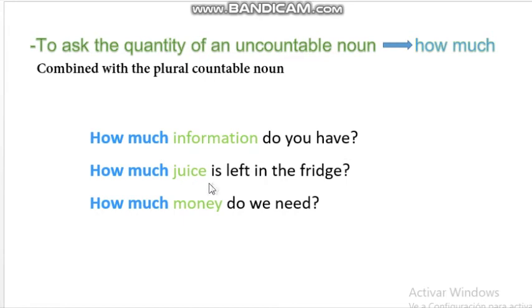How much juice is left in the fridge? How much money do we need? So we are using how much. Besides, money is countable in Spanish because in our language we can count it. In English, we can't use it as a countable noun. So we have to say how much money do we need? Okay.